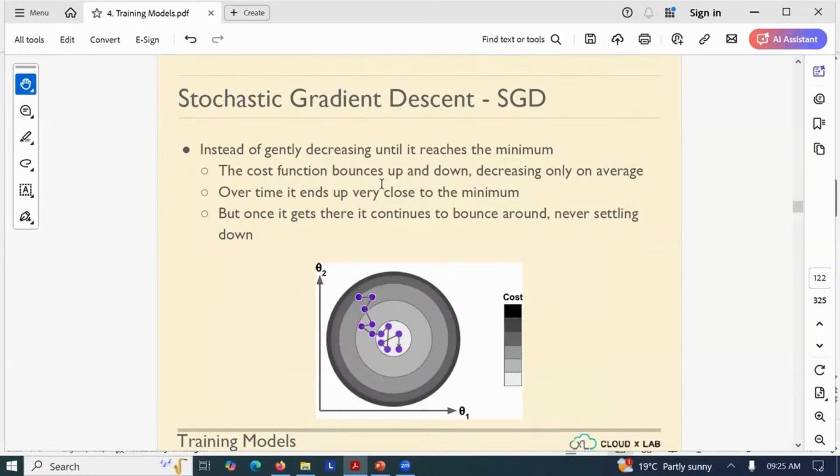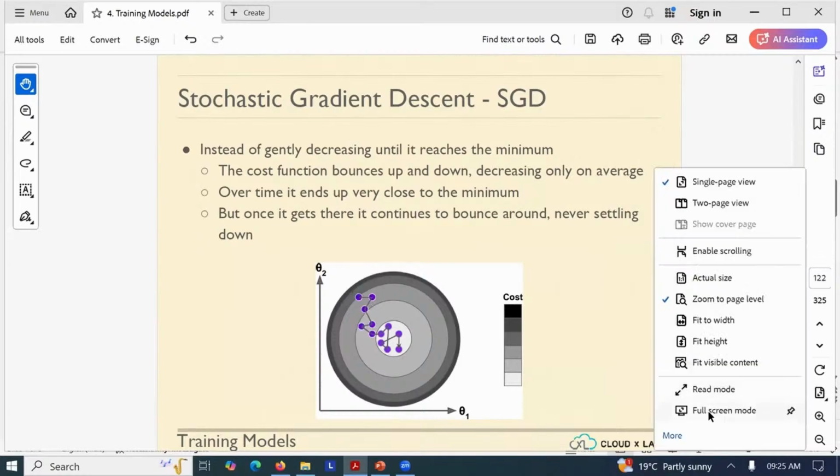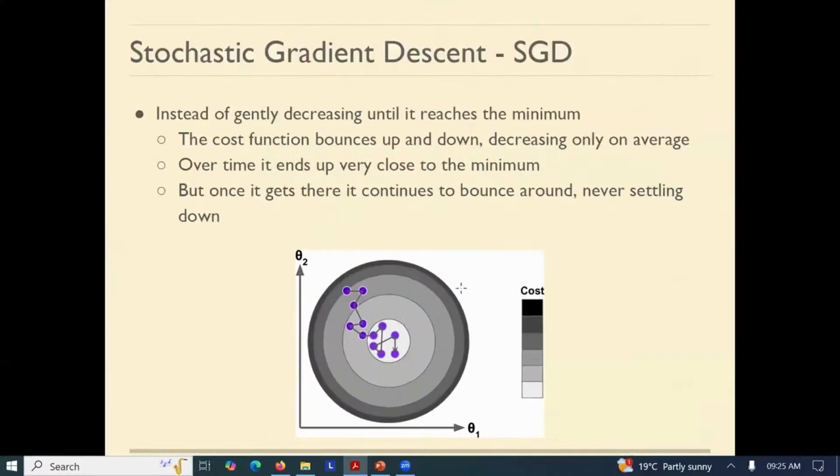So the cost function bounces up and down and decreases only on average, because we are following a zigzag path. And if you look at the optima region, here also we are bouncing, because we are using the noisy gradient.